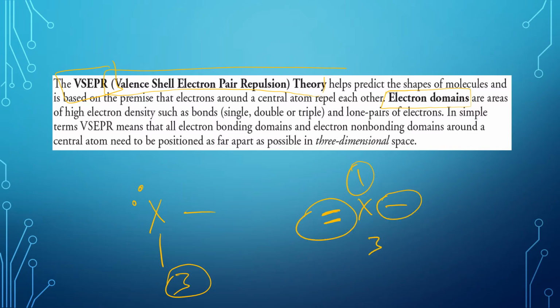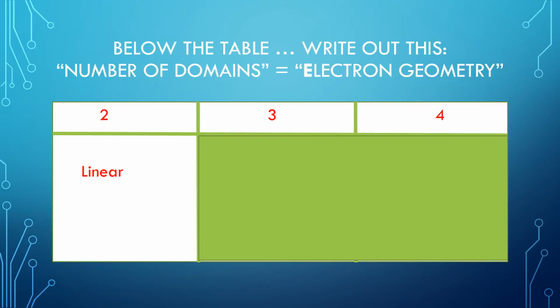So this is also 3. Similarly, if you had X here, and you have a triple bond and then a single bond, this is 1 electron area, this is another electron area, so this is going to be 2 domains. And that is something to be mindful of when we're doing this section of the unit.